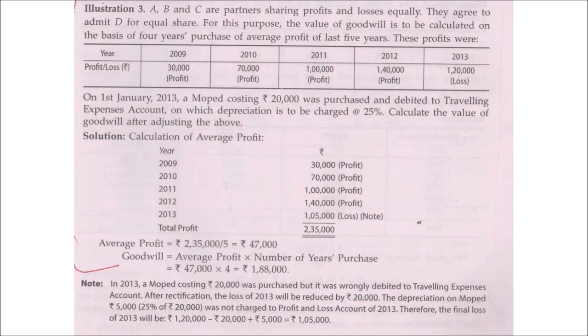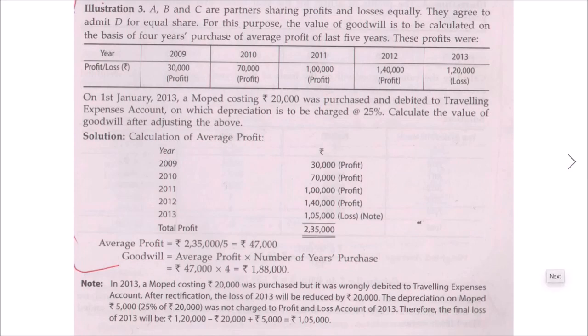So moped, it is a vehicle, so it is coming under the head fixed assets. Revenue means day-to-day expenses. So by mistake, an item of capital value is treated as a revenue expense. So this expense must be excluded from profit.